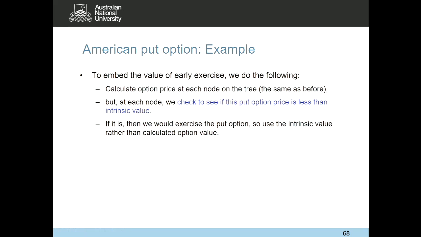The intrinsic value is the strike price minus the share price. If the discounted value is less than the intrinsic value, then we would want to exercise the put option, because waiting longer would lead to a lower payoff. So we would want to exercise this put early.